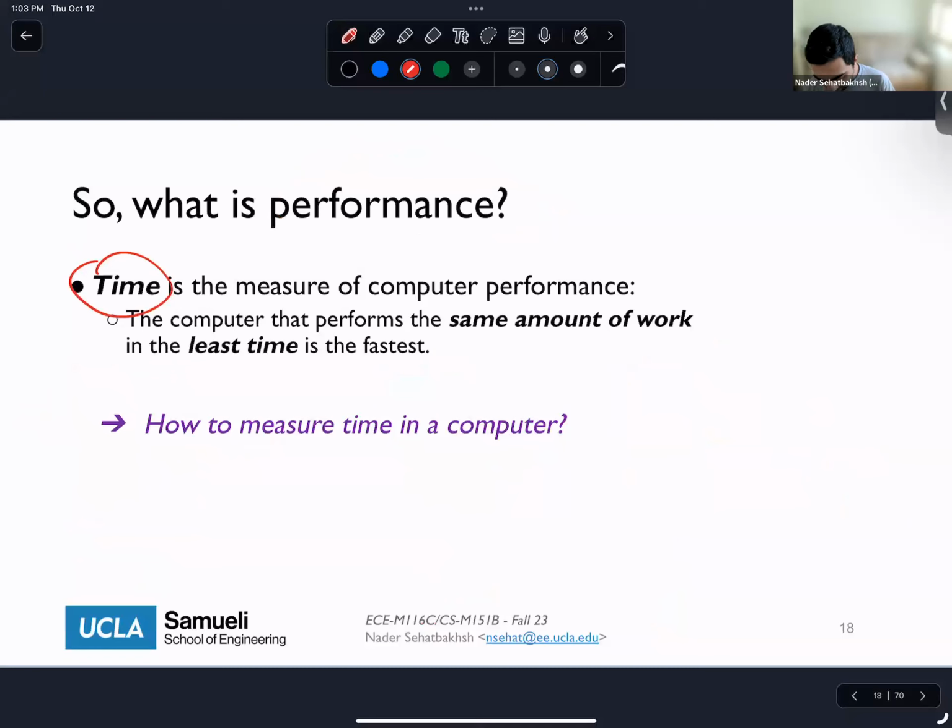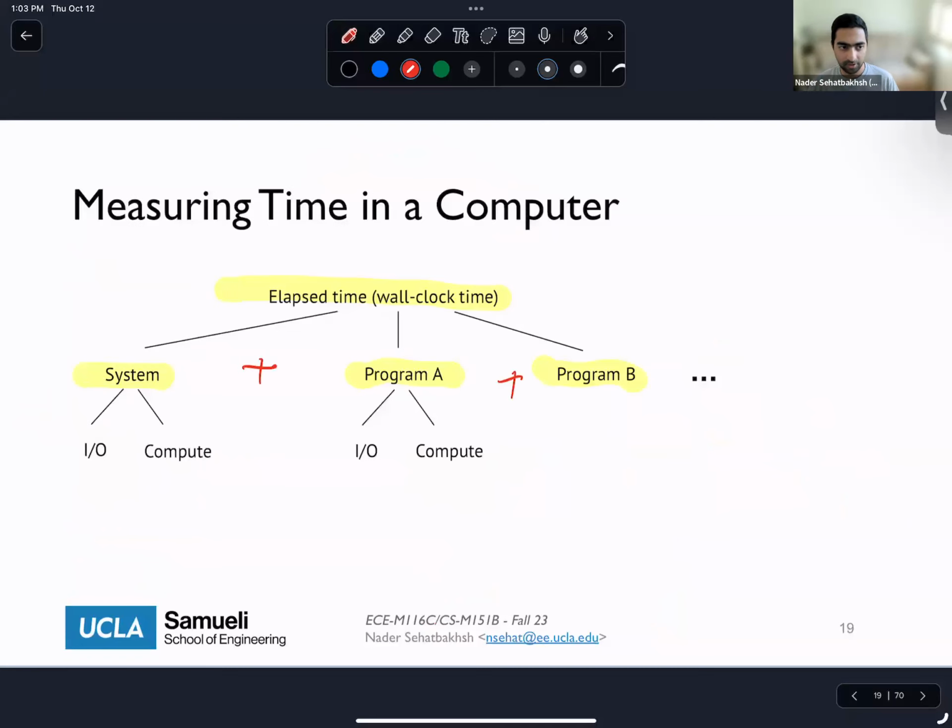But how do I measure this time? Measuring this time is not that straightforward, because as I'm showing here, the time that we are observing externally, that TA or TB that I mentioned, is actually a combination of multiple different things. It's a combination of some system-level activity, because when you're running a program, you have to first load it, and then it has to communicate with the operating system. There are a bunch of system calls and so on.